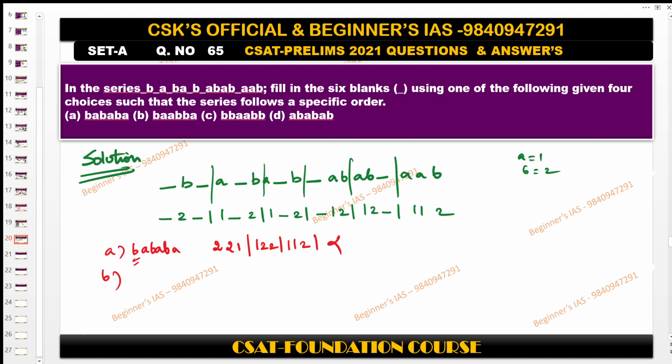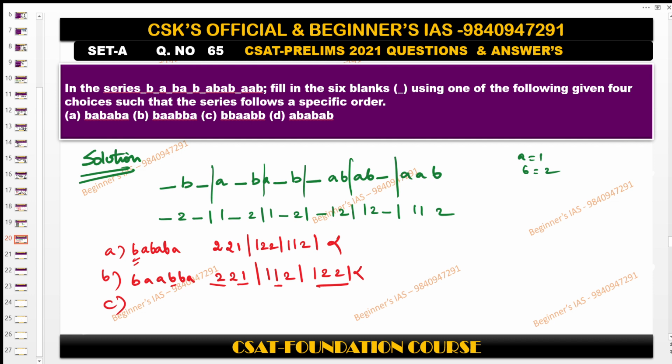Leave it. Next one. B, A, B, B, A. Okay, so 2, 2, 1. Next one, 1 1 2. Next one, this one B, right? So 1 2 2. Here also no pattern. Leave it.